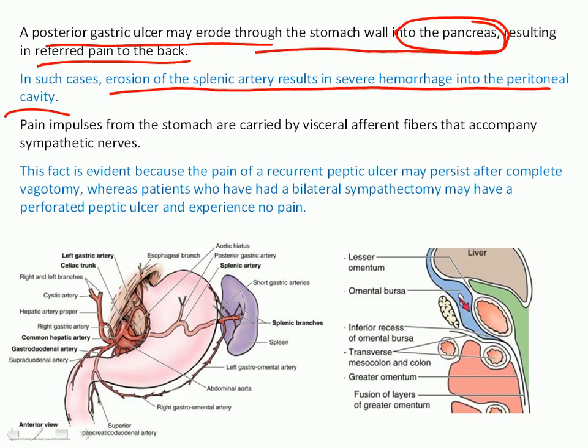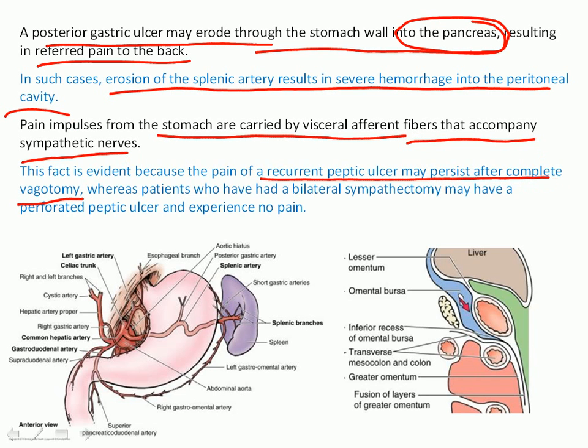Pain impulses from the stomach are carried by visceral afferent fibers, which accompany sympathetic nerves, and this is evident because the pain of a recurrent peptic ulcer may persist after complete vagotomy, and this is interesting.